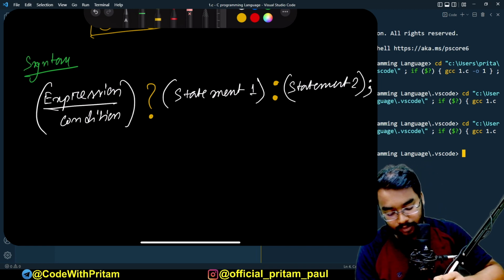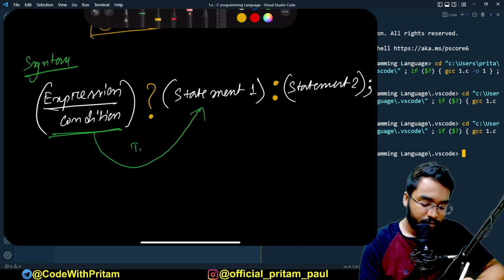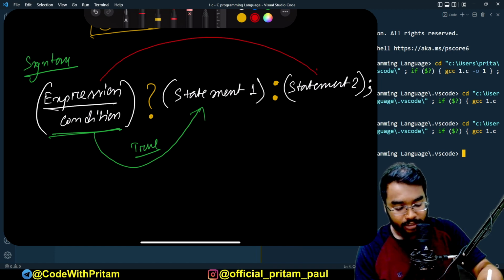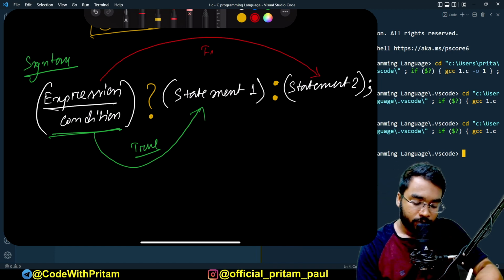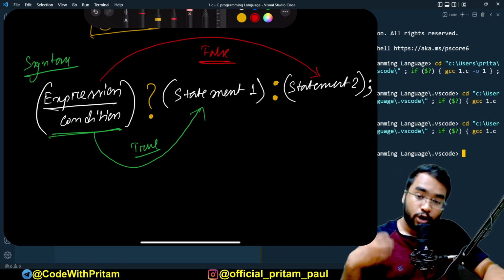Now if the expression or condition is true, then statement 1 would be executed, and if the condition is false, then statement 2 would be executed. This is called the conditional operator.